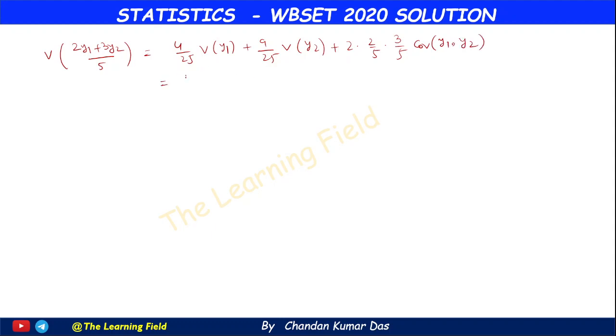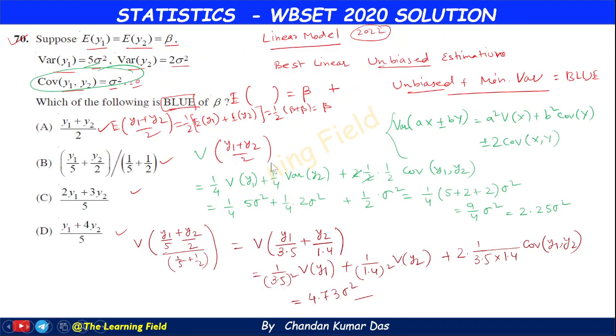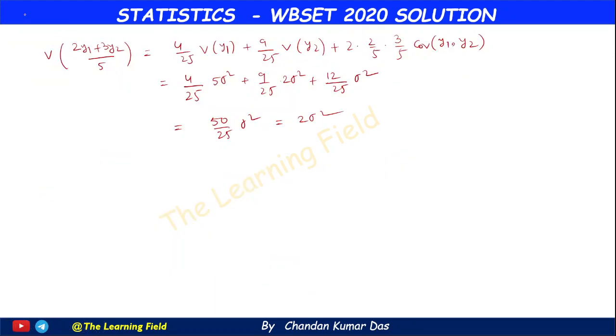So this is equal to 4 by 25 into 5 sigma square plus 9 by 25 into 2 sigma square plus 12 by 25 into sigma square. So 20 plus 18 is 38, plus 12, so 50 by 25 sigma square. So this is 2 sigma square. This is option C.